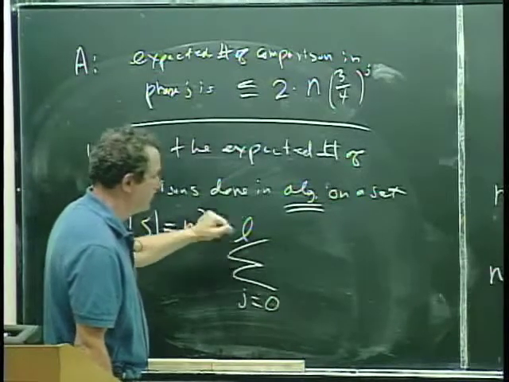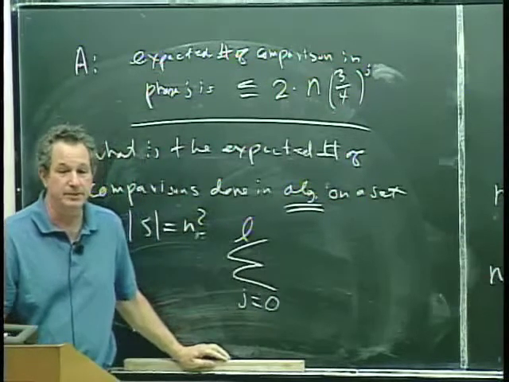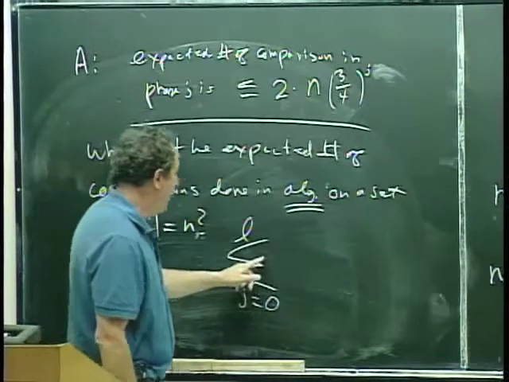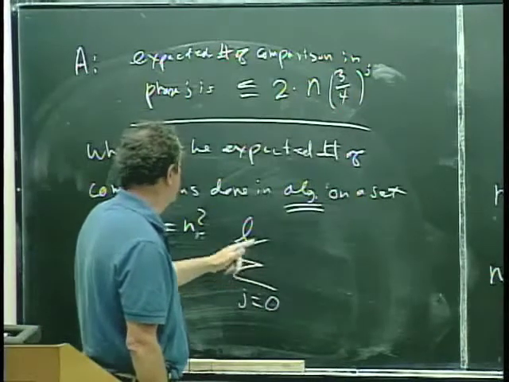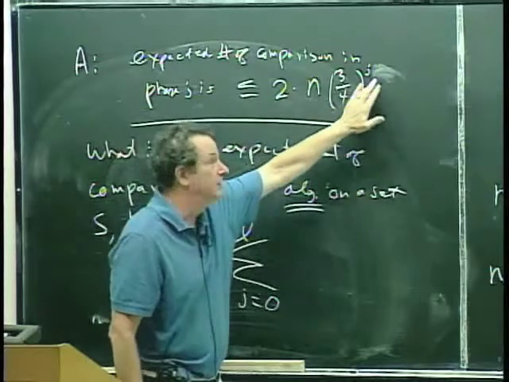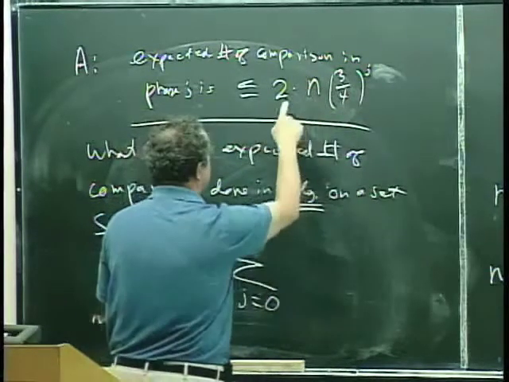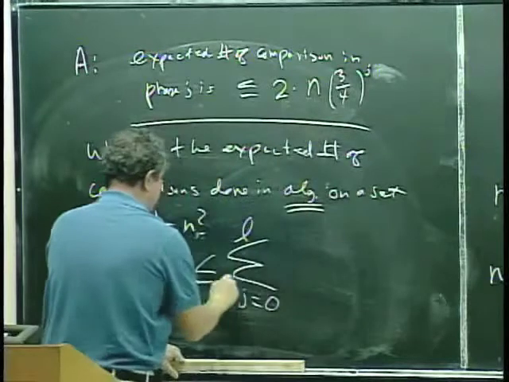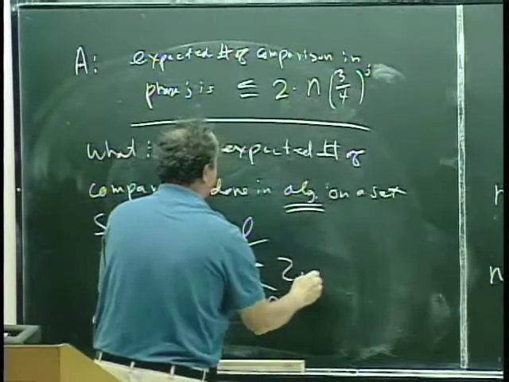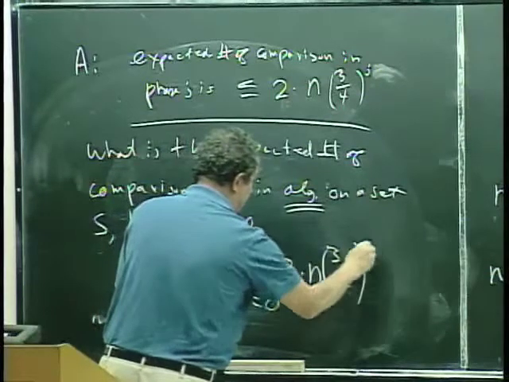But anyway, there's some number of phases, which is the largest possible number of phases. And in phase j, we know that the expected number of comparisons is less than or equal to 2n times 3 quarters raised to the j.